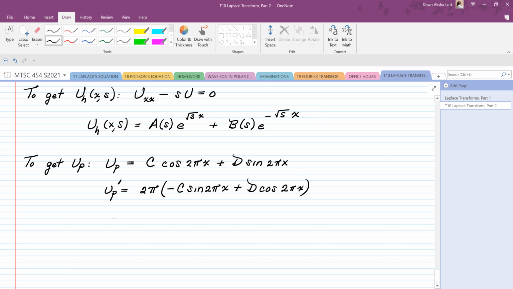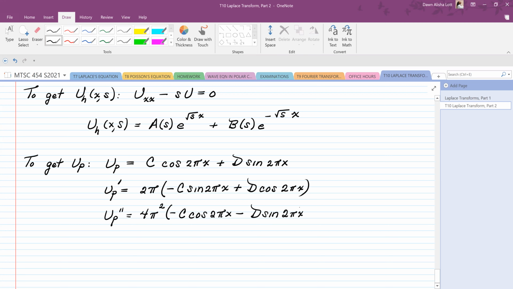And then U particular double prime is going to equal 4 pi squared times minus C the cosine of 2 pi x, minus D the sine of 2 pi x.